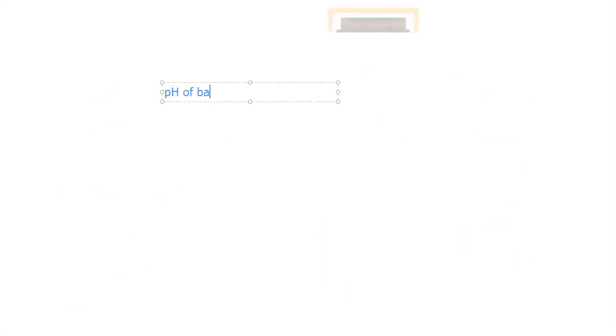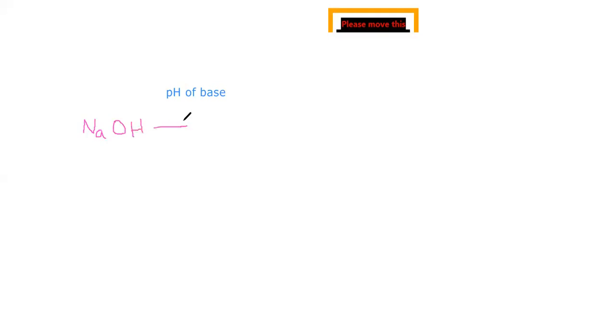pH of any of the base. An example over here is, let's suppose this is sodium hydroxide. This is the base, because this is going to release sodium ion plus OH ion.